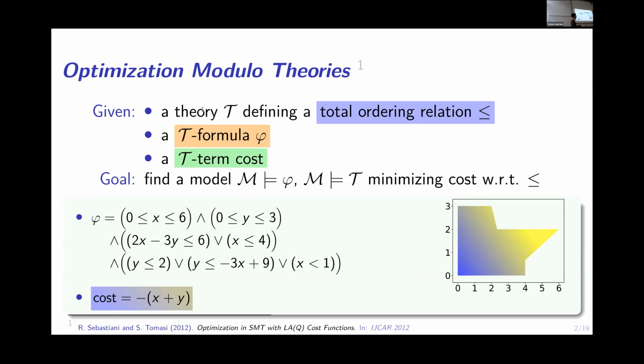The yellow part are the models that are considered better because they have a smaller value of cost. In this case, the solution we are looking for is the orange point here, because it's the one that minimizes the value of cost. So this is the OMT problem.